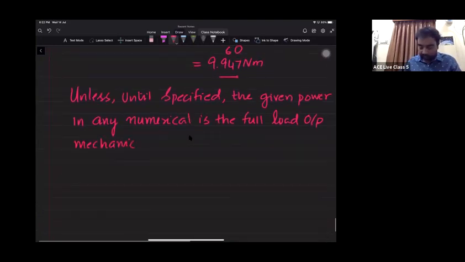Mechanical power. I hope the point is clear. All of you raise your hands if it is clear.